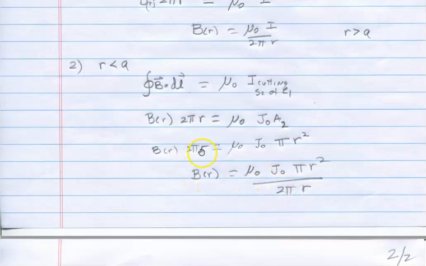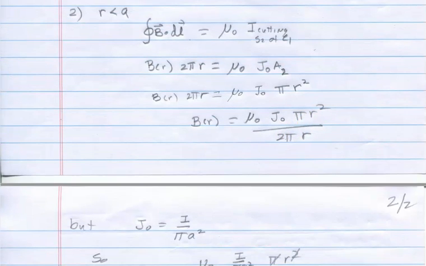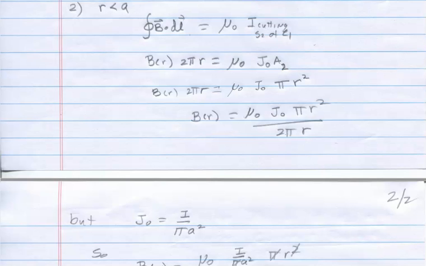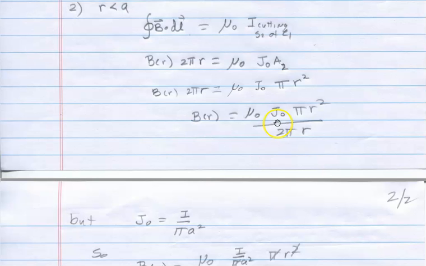Notice I can divide through by r, but it's the same r in both cases. On these, it's the radius of that small circle. J naught, pi r squared. The pi's will go out. Well, what I would probably do is keep those. Let me just go ahead and keep those and plug in what J naught is.